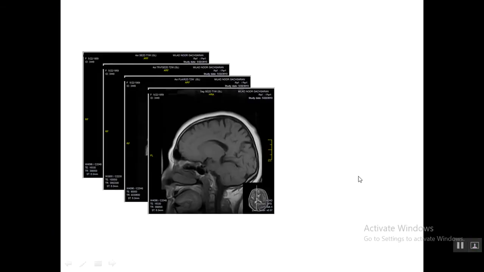So in this patient, a sagittal image of the patient is available, and you should guess about the abnormal finding.